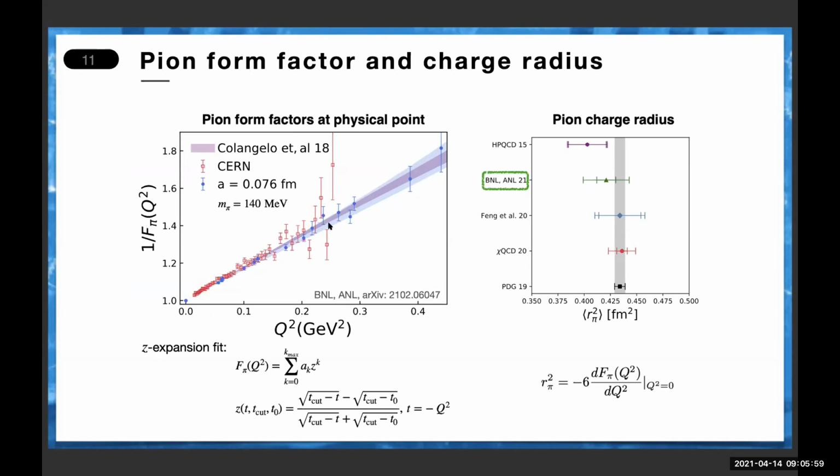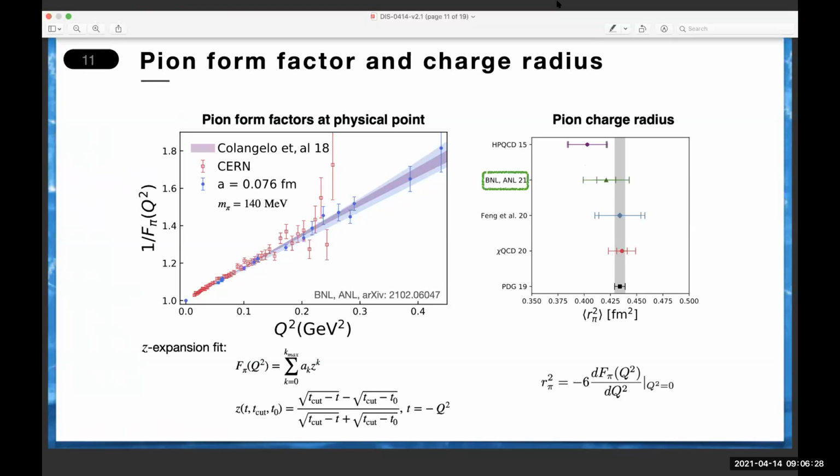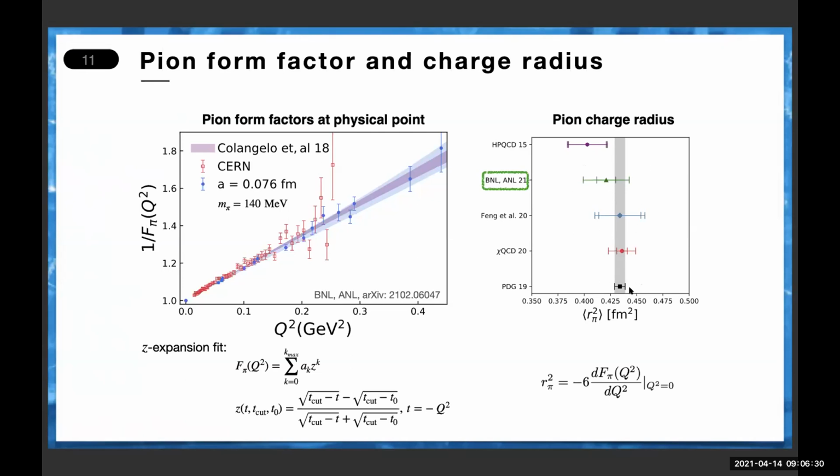You can see the form factor we get actually overlaps with experimental data from Sun and the dispersive analysis from Colangelo. This is quite encouraging, so we perform a fit of our lattice data to try to determine the charge radius of the Pion, which is showing as a green point in this figure. And you can see our result actually has good agreement with the PDG value.